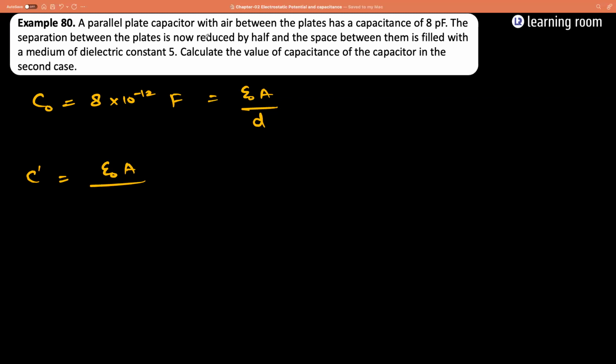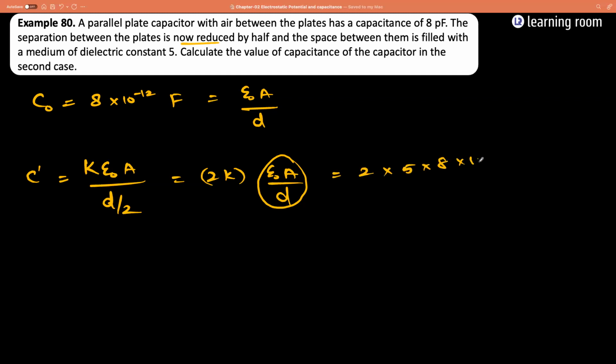The separation between the plates is reduced by half, and the space between them is filled with dielectric. So when a dielectric is filled, its capacitance increases by kappa. But the distance has also decreased by 2. Can I write it like this? So this will be equal to 2k into epsilon naught A divided by D. What is the value of epsilon naught A divided by D? 8 into 10 power minus 12.